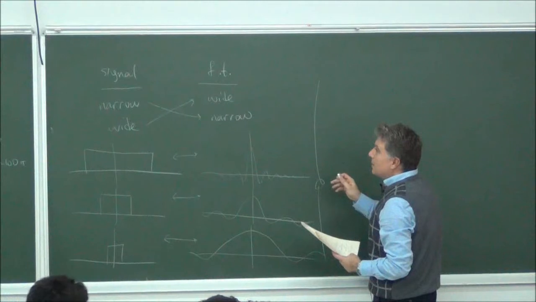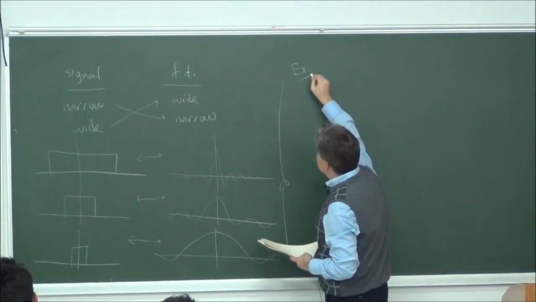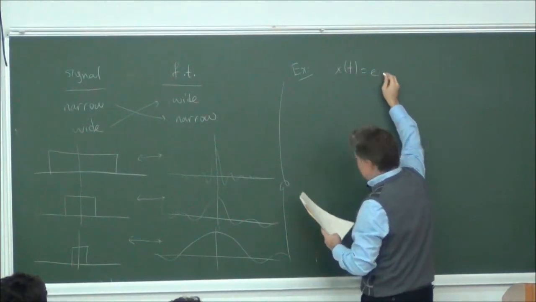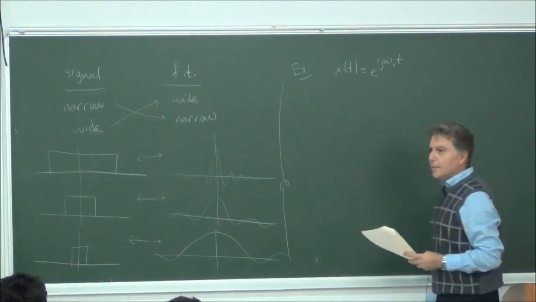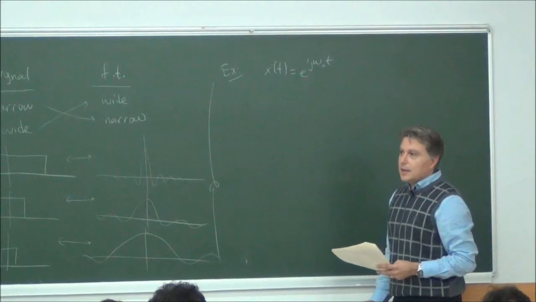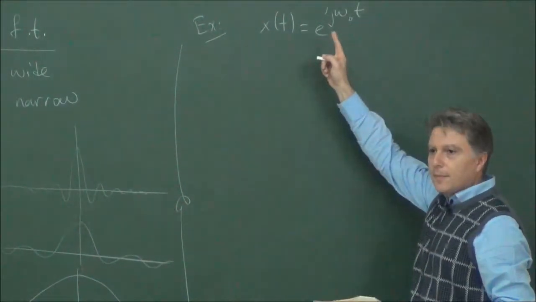And regarding the quiz question that we have already seen, now let's see it in a reverse way. Suppose that x of t is equal to e to the j omega 0 t, which is a pure sinusoid at a particular frequency of omega 0.